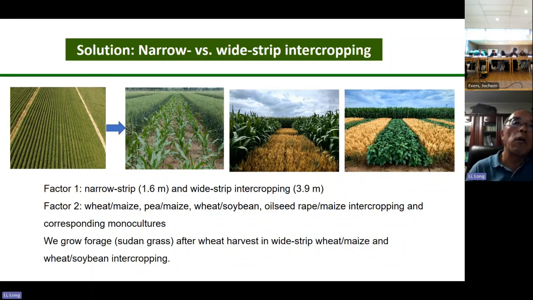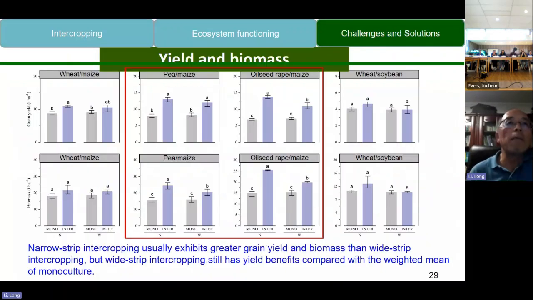We would like to know, if we extend intercropping to wider strips from narrow strips, how much the yield advantage is reduced. So we conducted this experiment. We found that, for example, with 2 meters of wheat and 2 meters of maize, wider intercropping still has some yield advantage compared to the narrow one.